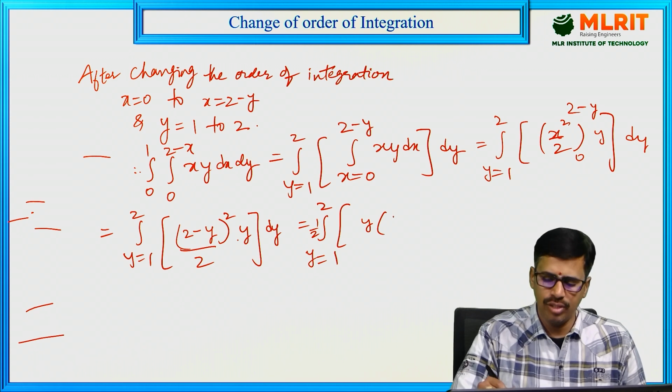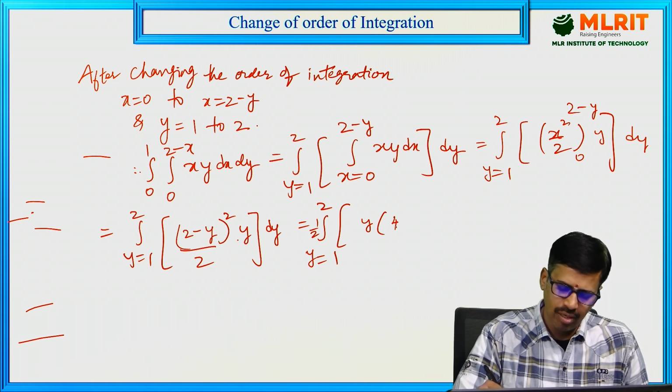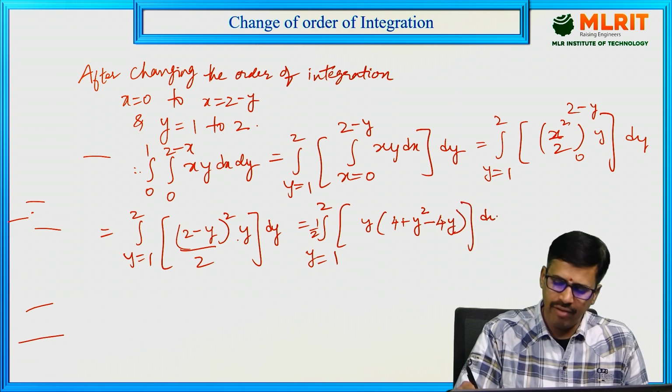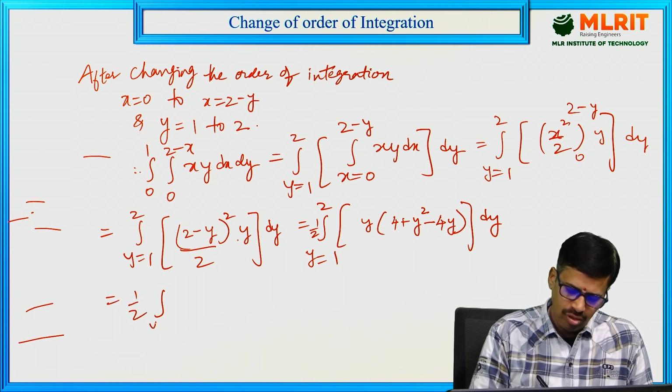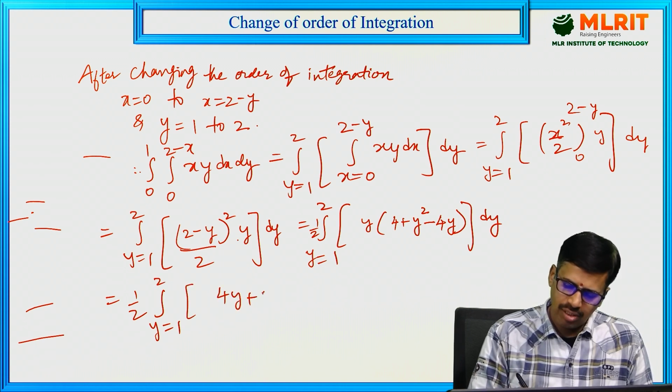Let us expand this using a minus b whole square, a square plus b square minus 2ab, that is minus 4y dy. So if you integrate this, 1 by 2, y is equal to 1 to 2, 4y plus y square into y is y cube minus 4y square dy.